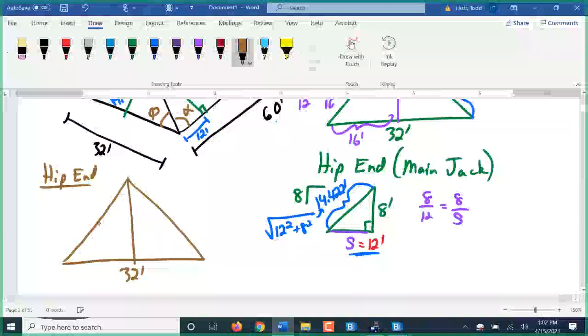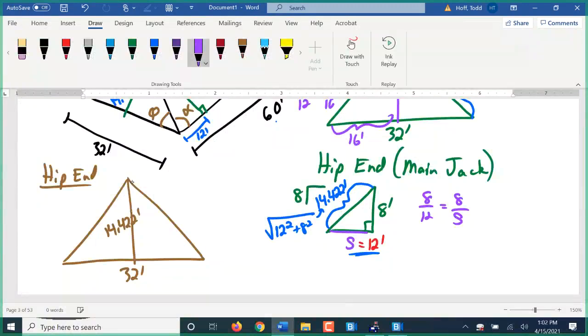And we found this to be 14.422 feet. So what we're going to look at is just half of that. This triangle here, where this is now going to be 16 feet. This angle is going to be the inverse tangent of the 14.422 divided by 16.